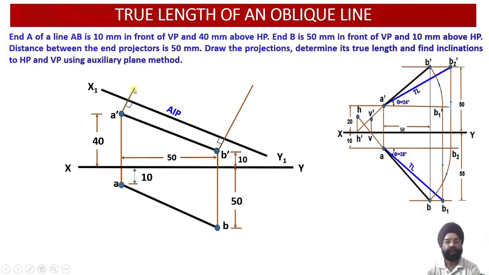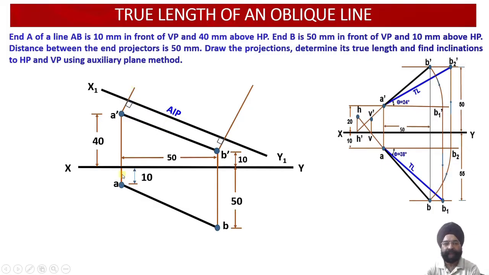Having drawn these projector lines, we already know that whenever we rotated this line to make it parallel to the horizontal plane, between these two coordinates, 10 millimeter and 50 millimeter, we used to obtain the true length of the line. Now we have made a plane parallel to the projection line rather than making the line parallel to the projection plane. So it is the same thing.